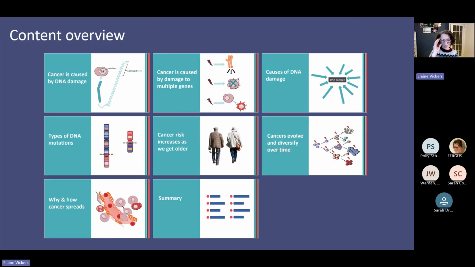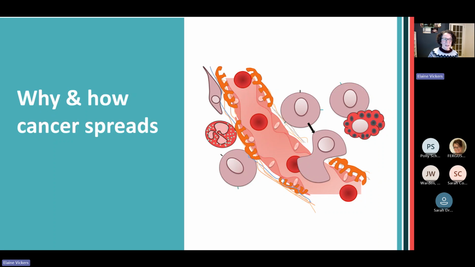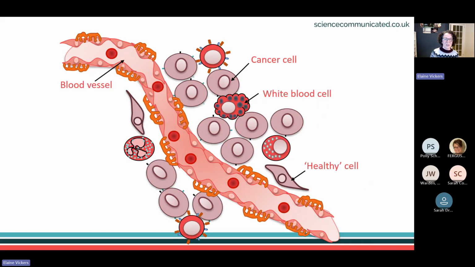And of course, another important problem facing us in somebody with advanced disease is that their cancer has spread, that you're no longer treating a cancer that's just a single tumor, a single population or a single unit of cancer cells, but there are now cancer cells in multiple locations in the body.